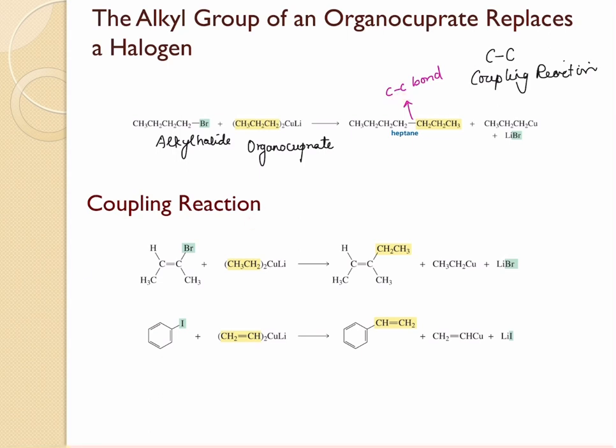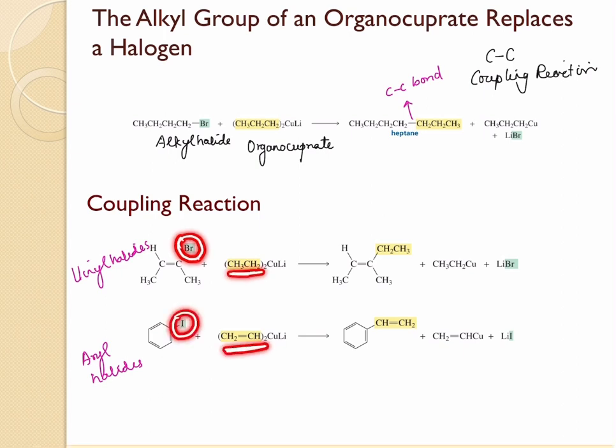We can also do this coupling reaction with vinyl halides as well as aryl halides, where again the halogen is conveniently replaced by the alkyl group or the alkenyl group from the organocuprates. Instead of bromine, we have this ethyl group, and instead of this iodine, we have this vinyl group.